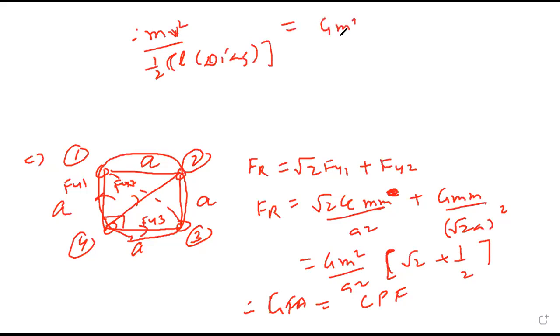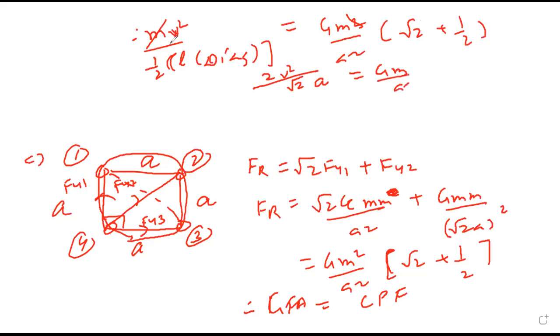So G m square upon A square, root 2 plus 1 upon 2, one m we can cancel. 2 goes up, 2 times v square. The length of the diagonal is root 2 into side A, equals G m upon A square, root 2 plus 1 by 2.